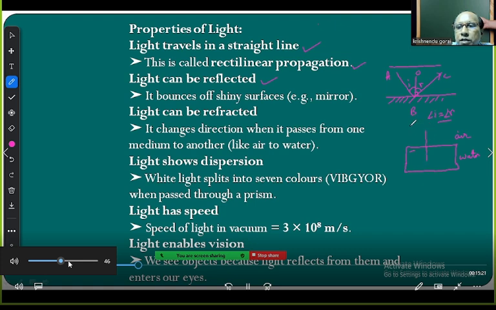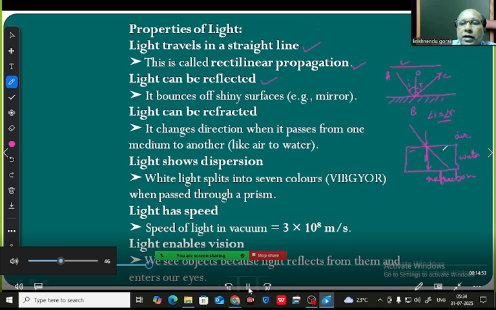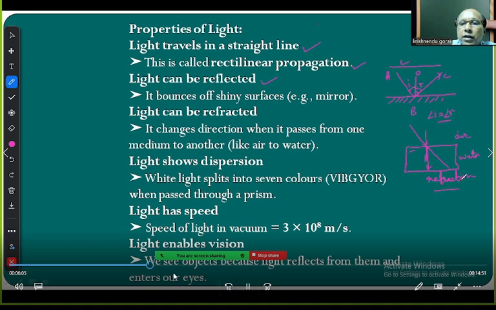If light passes through air and goes to a second medium, which is denser than the first medium, then the light always bends towards the normal. And this is what we call refraction. Right? Reflection happens in the same medium, but if there are two media, then light can be refracted, or what we call refraction.